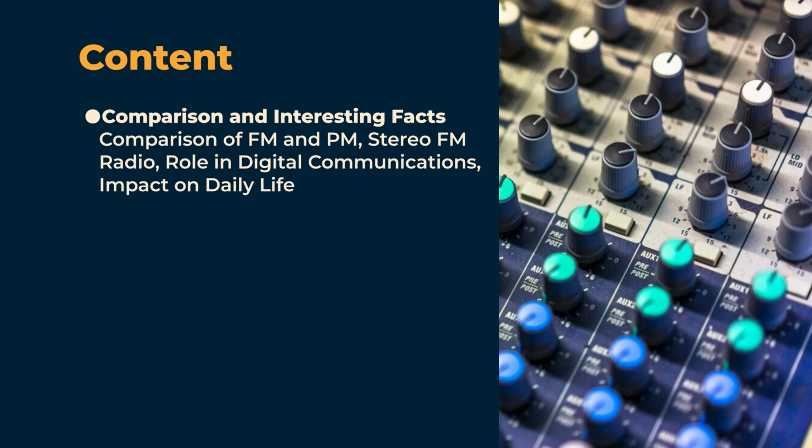I am also going to cover some interesting facts related to frequency modulation and phase modulation in stereo FM radio, where I will explain how stereo sound is transmitted using frequency modulation, and the role of phase modulation in digital communication, touching on how phase modulation is used in complex modulation schemes like quadrature phase shift keying and quadrature amplitude modulation.